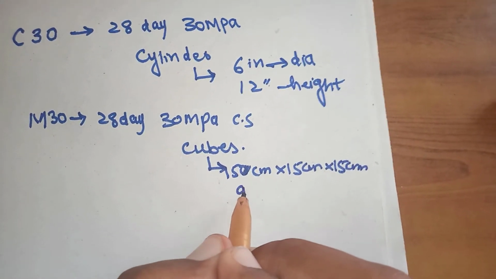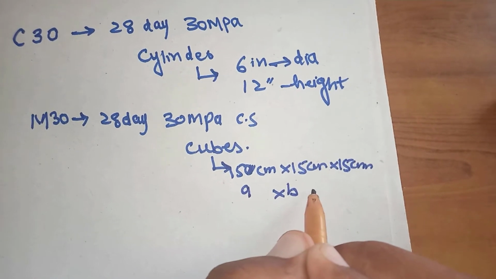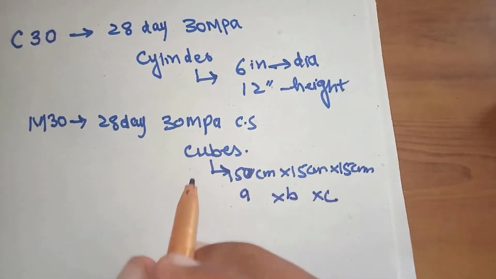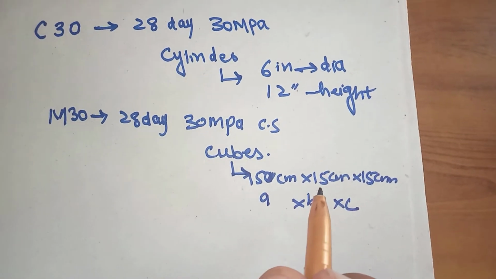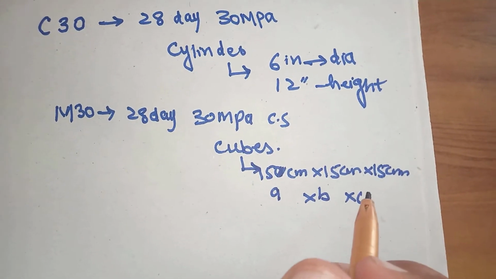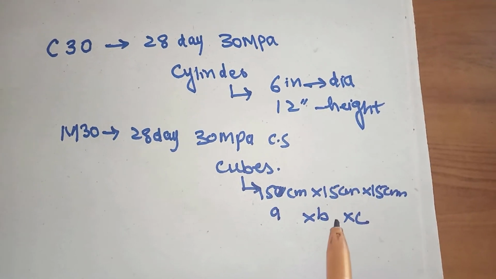So let's say it is A, let's say it is B, let's say it is C. So the three dimensions of the cube are 15 centimeter by 15 centimeter by 15 centimeter.